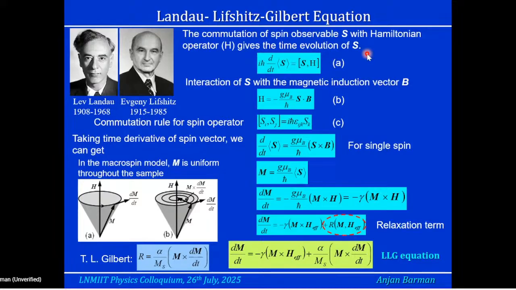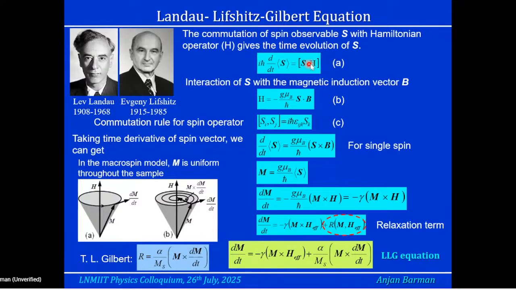If you do not understand, I can share the slides and you can go through it carefully. The commutation of the spin observable S with the Hamiltonian gives the time evolution of the spin. So i hbar d/dt of the expectation value of S is given by the commutator of S with H. The interaction of S with the magnetic field vector is given by g mu_B over hbar, S dot B, and this is the spin Hamiltonian.